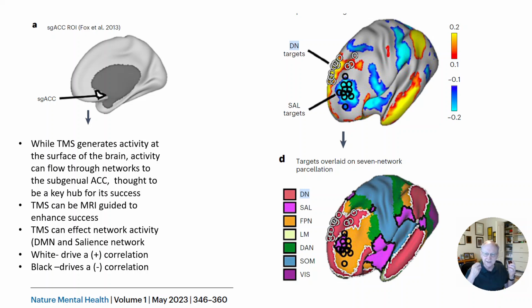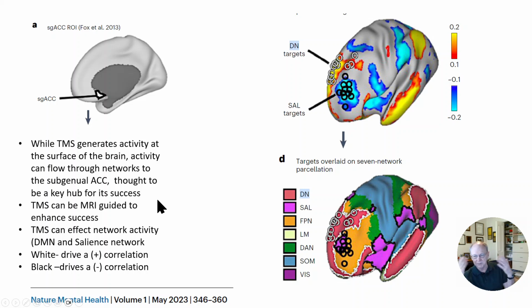And the goal is not necessarily to stimulate the dorsolateral prefrontal cortex, but rather to stimulate it in just such a way that we can activate other brain networks. So what you're seeing here is that the activity needs to flow through the networks to the subgenual ACC, which is a key hub for the success.